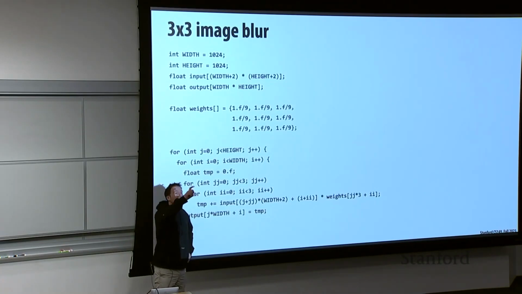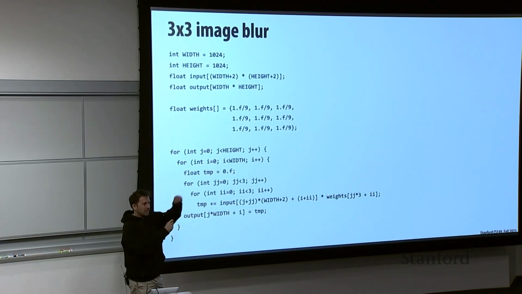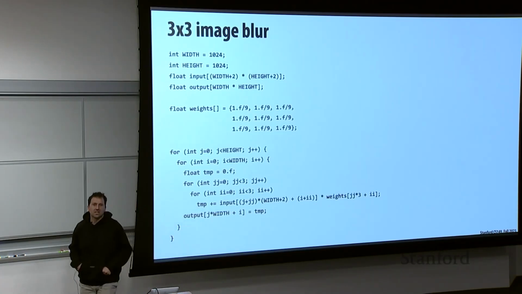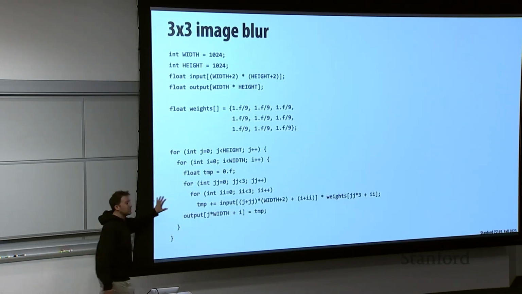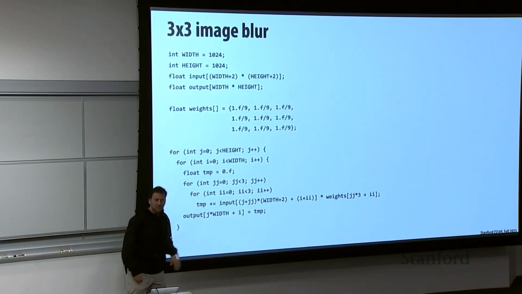It means that if you can hold 2 rows in cache, then you'll be able to hold the data around long enough so that you're only going to read it from memory once. So as long as a couple rows can fit in cache, this thing is going to read every input element once and certainly write every output element exactly once.